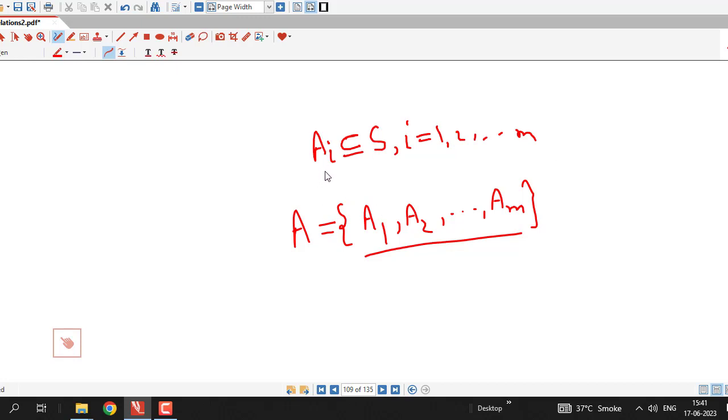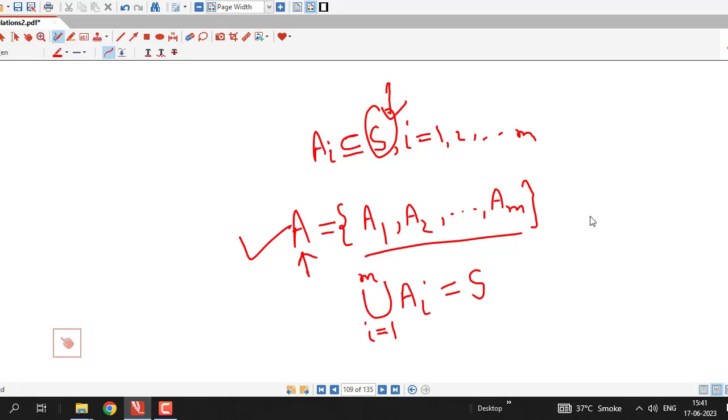Suppose each Ai in this collection is a subset of S, and the union of all these sets A1, A2 up to Am is equal to the given set S. Then this collection of subsets of the given set S is called a covering of the set S.